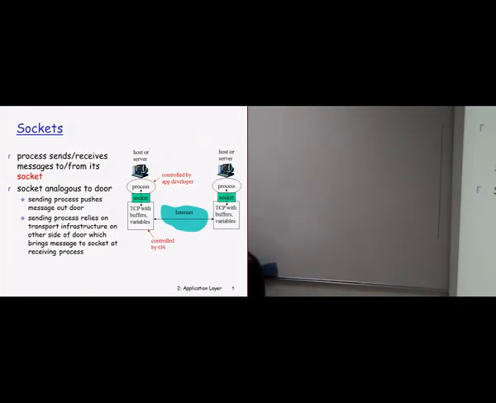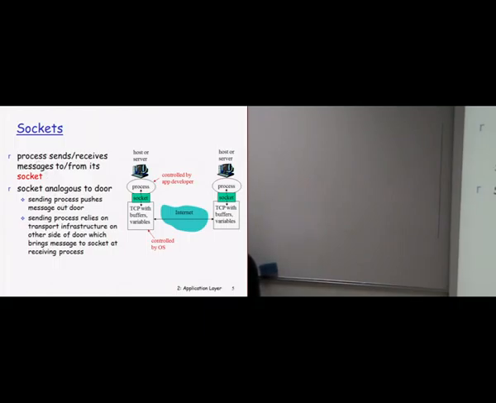A socket is required in order to provide a way of communication, and it is analogous to a door between the process and the protocol working on the transport layer. Whatever the process, whether it is a client process on the client computer or a server process on the server computer, it will send or receive messages to and from its socket, because a socket is like a door for the process.